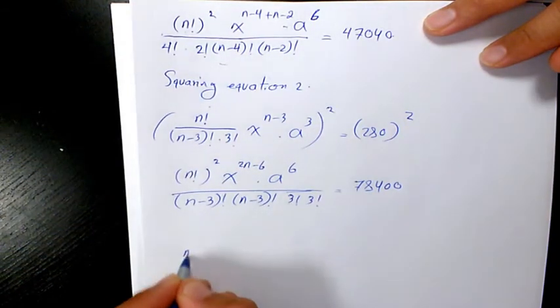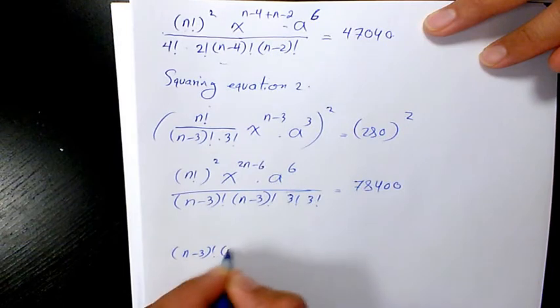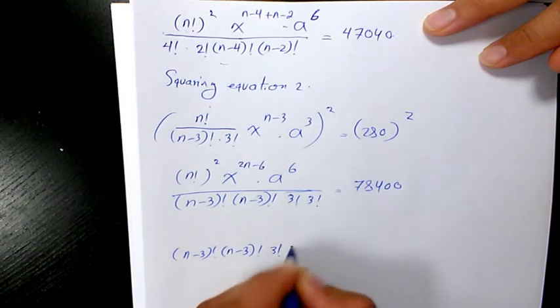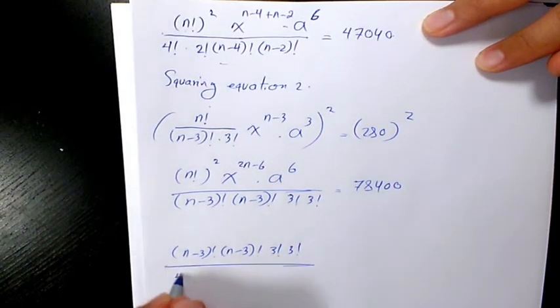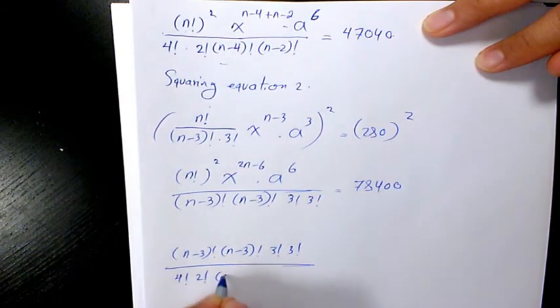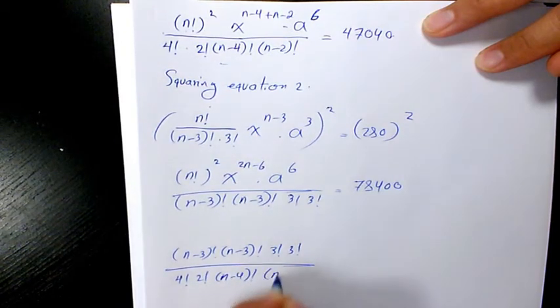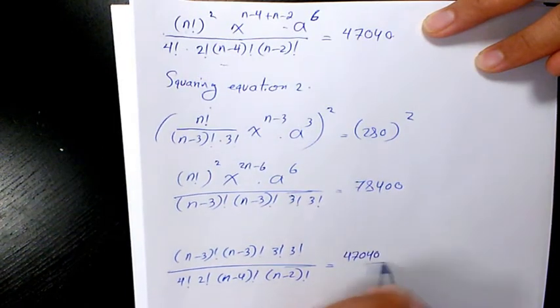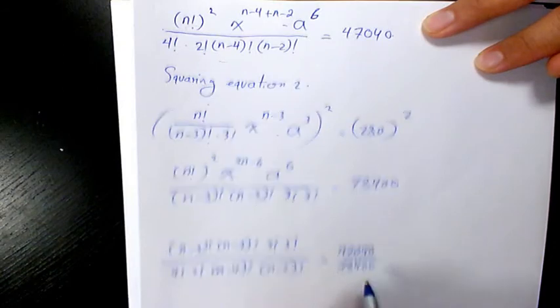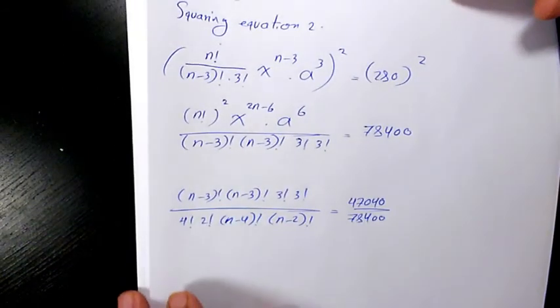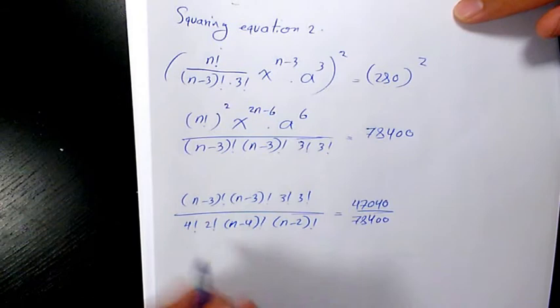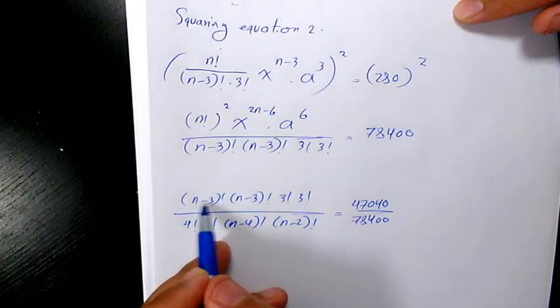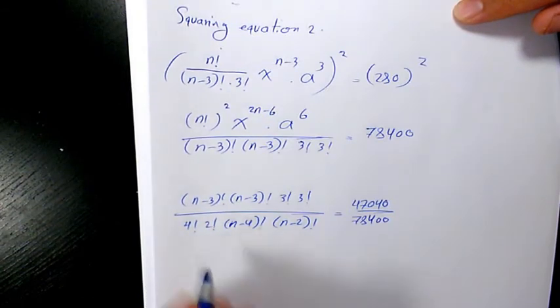So it's going to be (n minus 3) factorial, (n minus 3) factorial, 3 factorial, 3 factorial, divided by 4 factorial, 2 factorial, (n minus 4) factorial, (n minus 2) factorial, equals 47040 over 78400. (n minus 3) factorial divided by (n minus 4) factorial is n minus 3, and then these two cancel out.